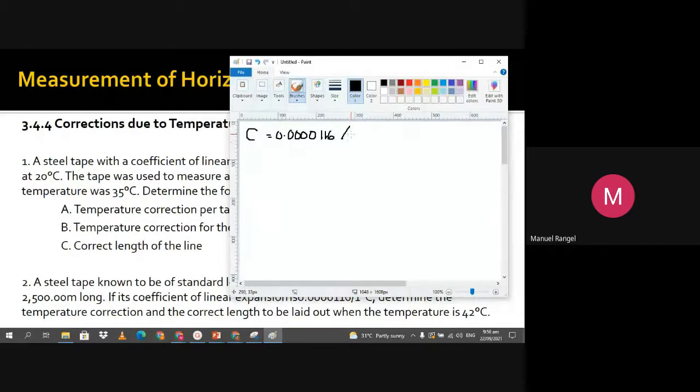per 1 degree Celsius. Okay. Then, isa pa ang given. The nominal length of the tape is 15 meters. Per 1 degree Celsius.